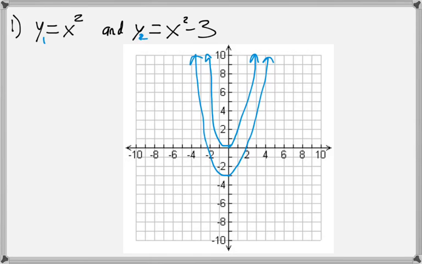So if I look at the vertex of the parabola and I compare it to the vertex of the new function, it's been shifted down 3 units. So rather than looking at a random point, if you pick a distinct point, it can make it easier.